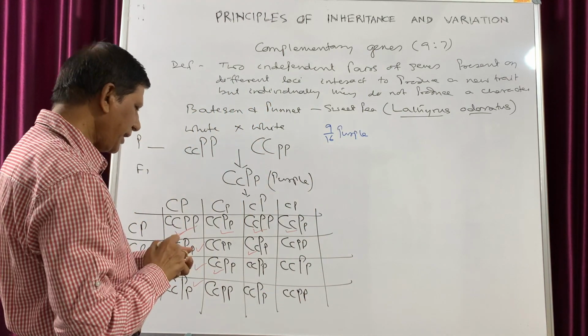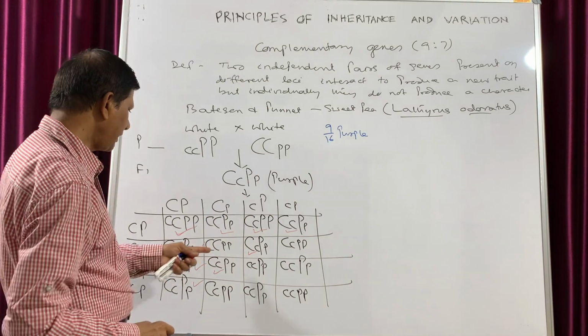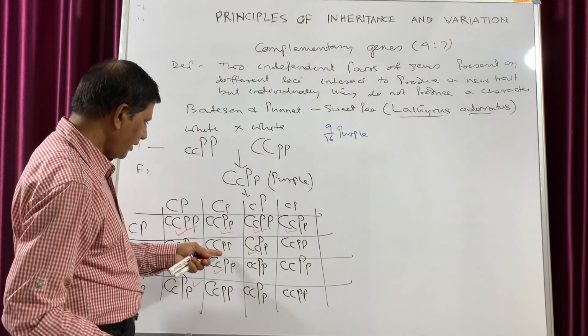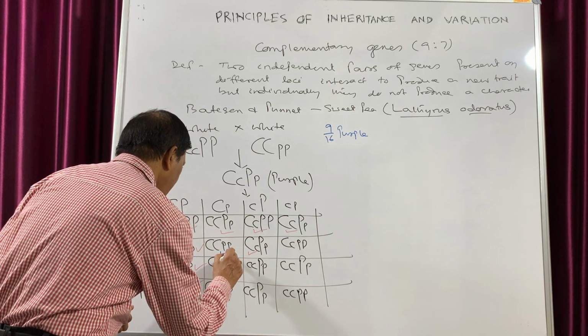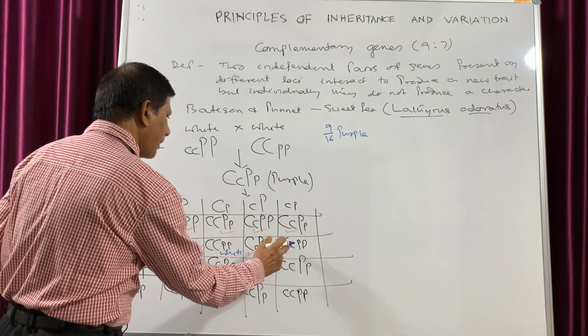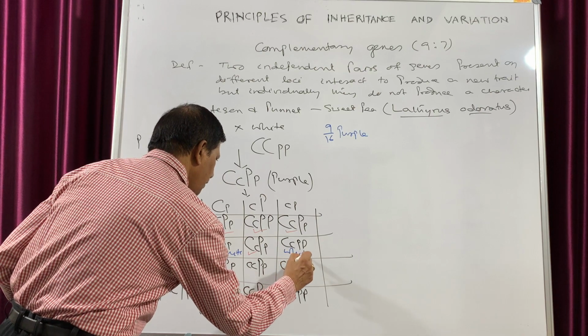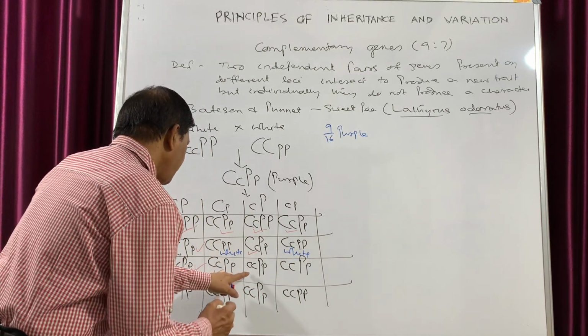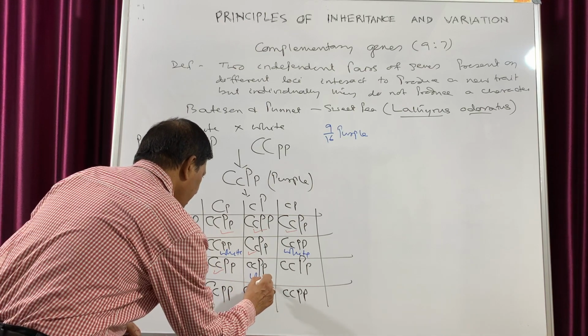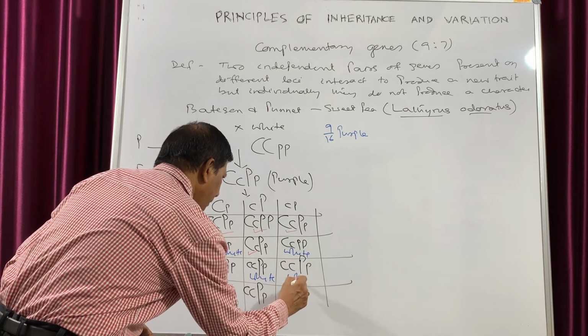Now in the remaining cases you see, here only capital C is there. So this is white. Here only capital C is there. This is also white. And then here you see only capital P is there. So white. Here one capital P is there.